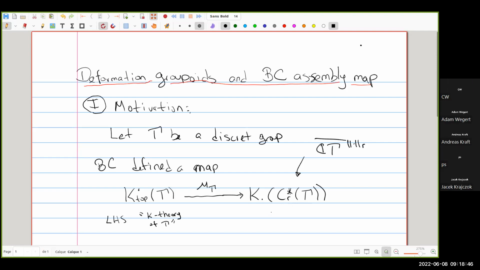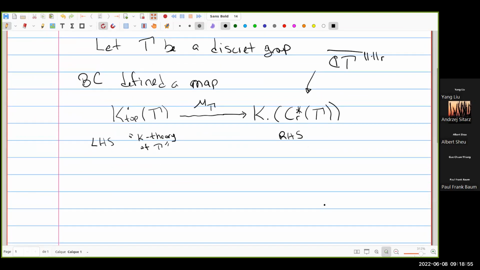So this is the right-hand side of the Baum-Connes map: the K-theory of the C-star algebra of the group.